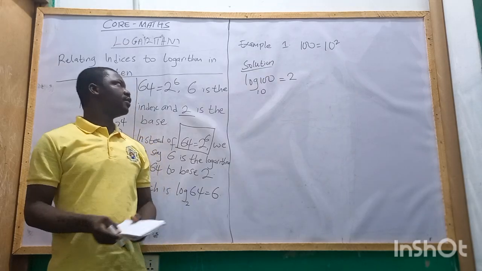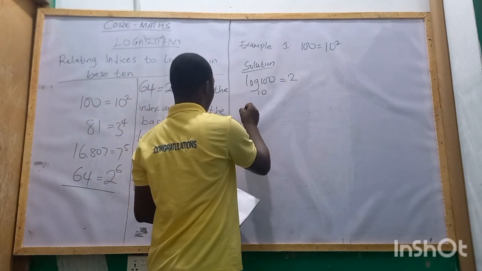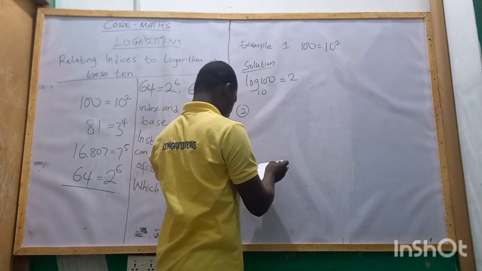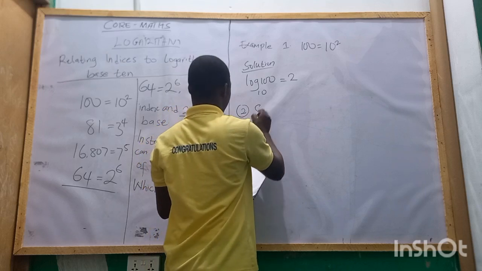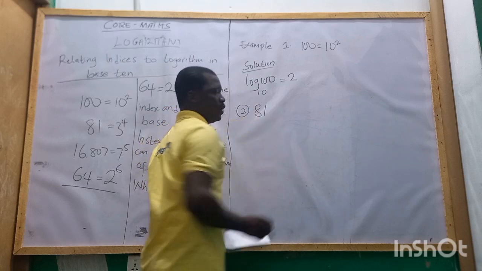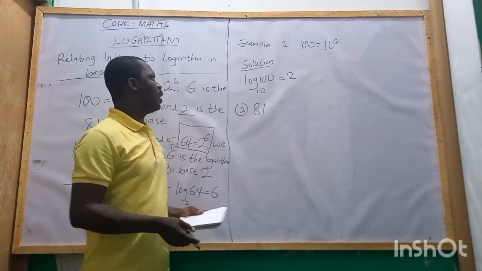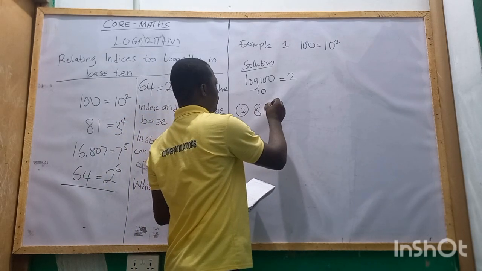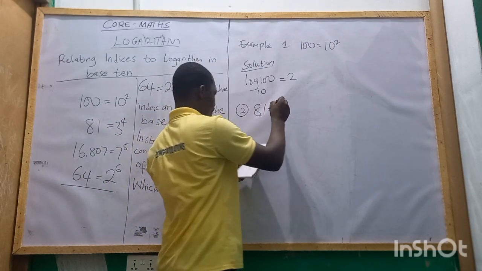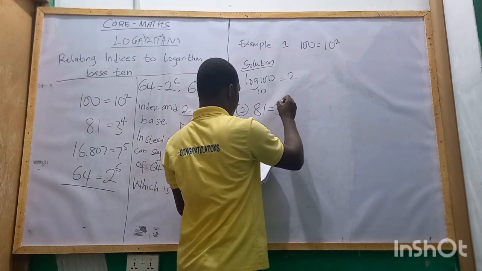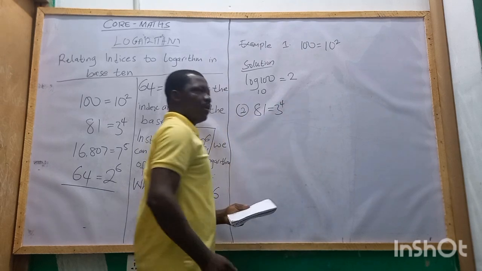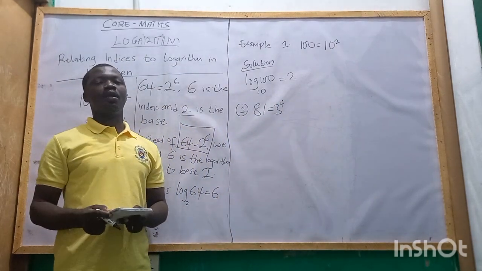Very simple. Then another example 2. So 81, which is equal to 3 exponent what? 4. I want to write it in log form.